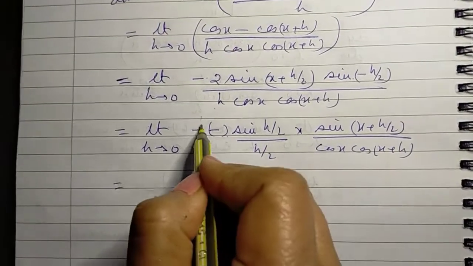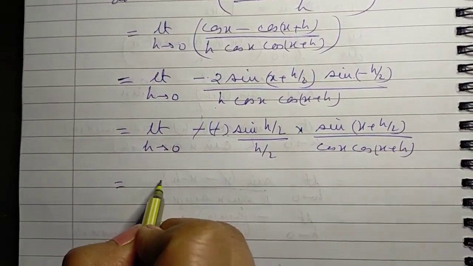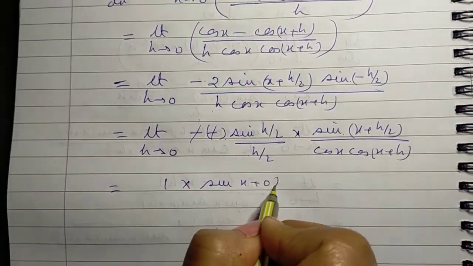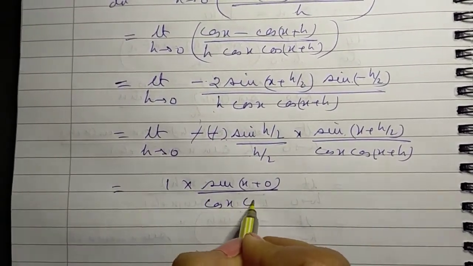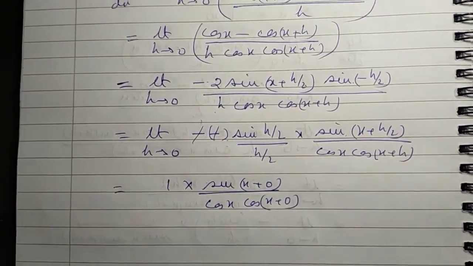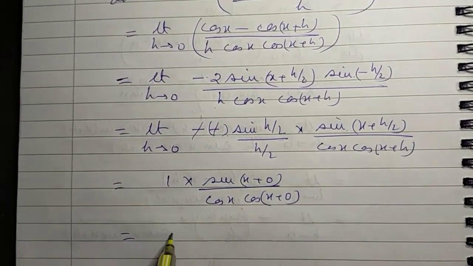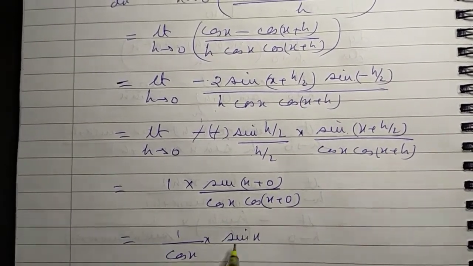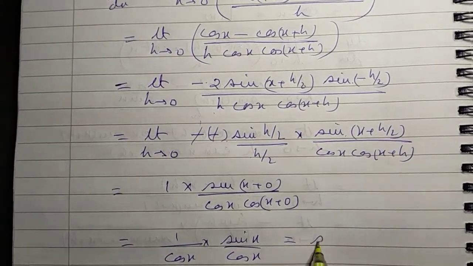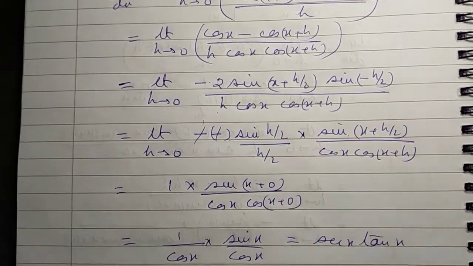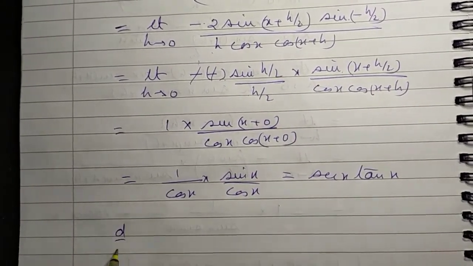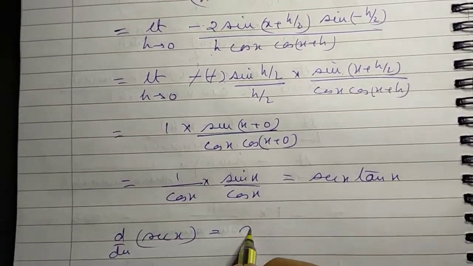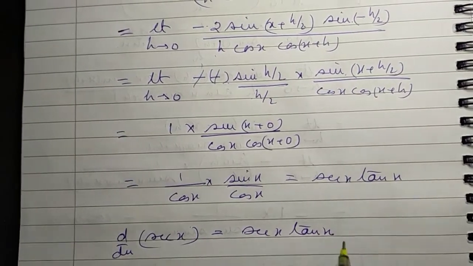Applying the limits, this gives us 1 into sine x upon cos x cos x, which gives us 1 upon cos x into sin x over cos x, which is sec x tan x, and hence we get the derivative of sec x as sec x tan x.